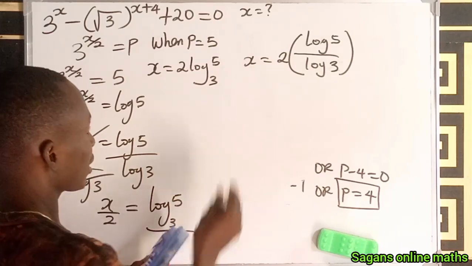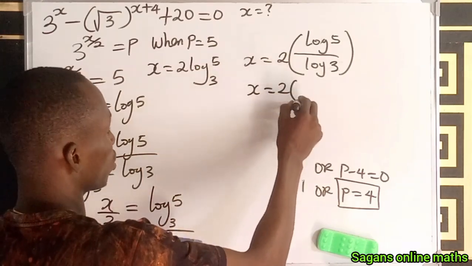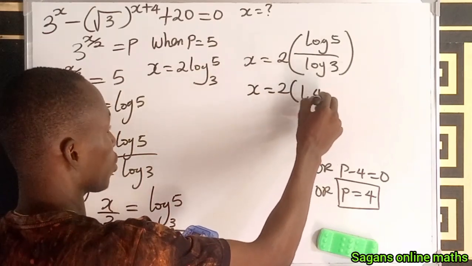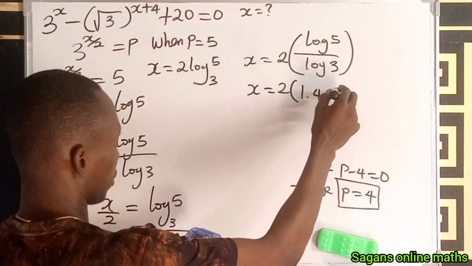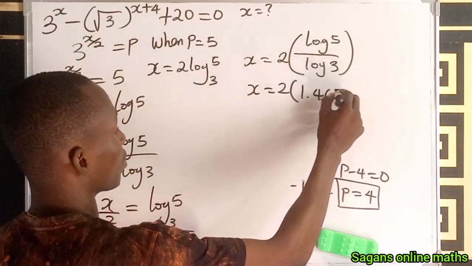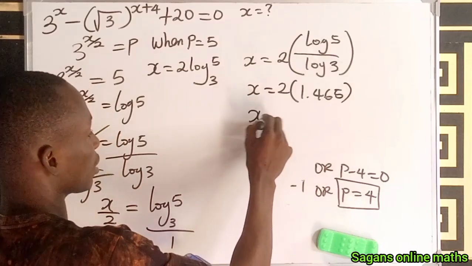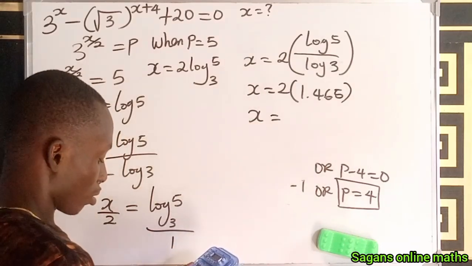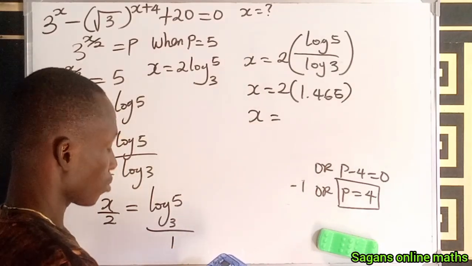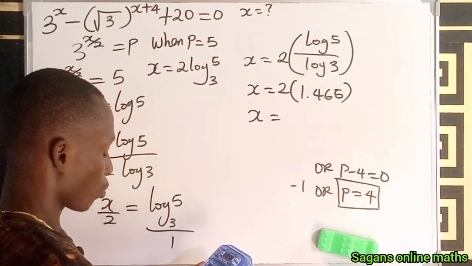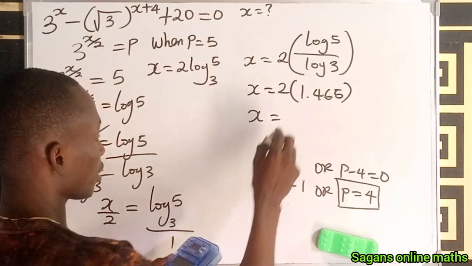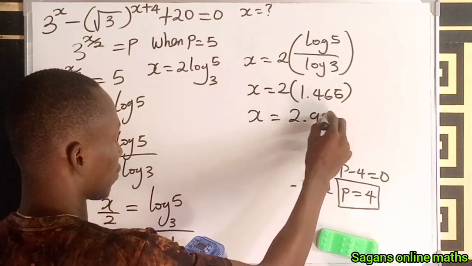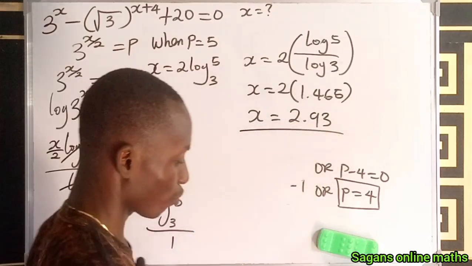So I have that x equals 2 into 1.4646, and in 3 decimal places that is 1.465. So x equals 2 into 1.465, and I have that x equals 2.93. This is one of the values of x.